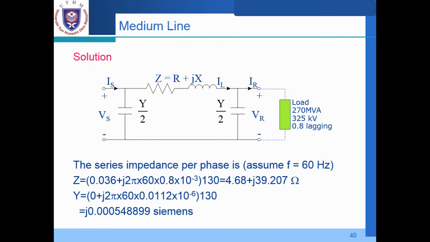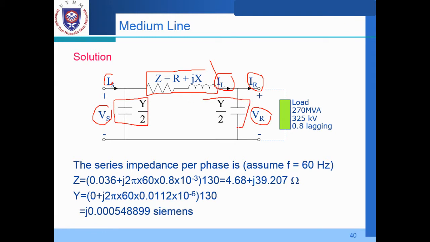Solution: this is the equivalent circuit of a nominal pi network or model. So we have IS, we have the series impedance, we have IL, the receiving end current, and then this is Vs as well as VR, the receiving voltage, and also the shunt admittance of Y over 2, on both sides.